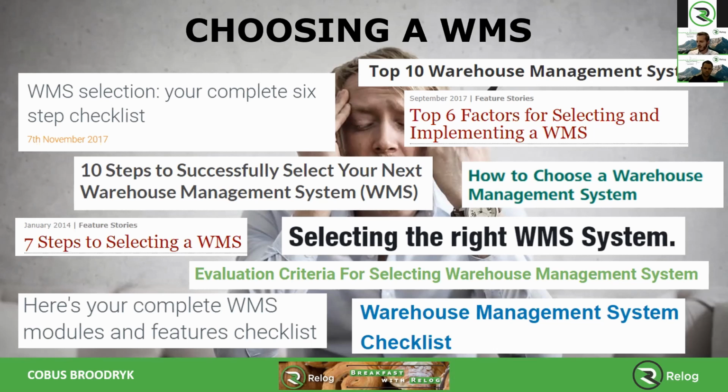And again, as we've seen in the past, there is the integration to legacy systems. There are so many legacy systems in place at our customers, and as soon as you bring in a new WMS, it's always an issue to make sure that the integration is seamless.